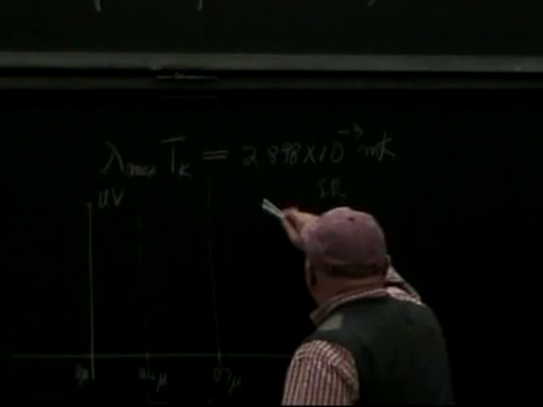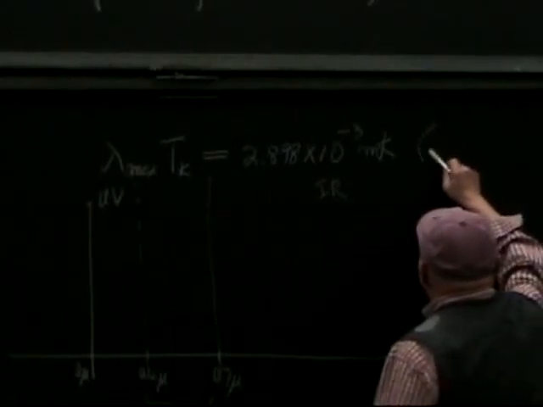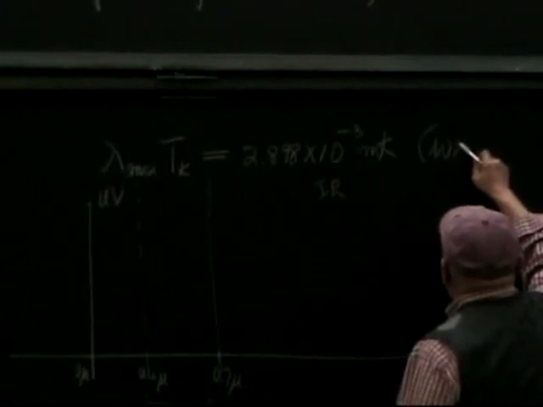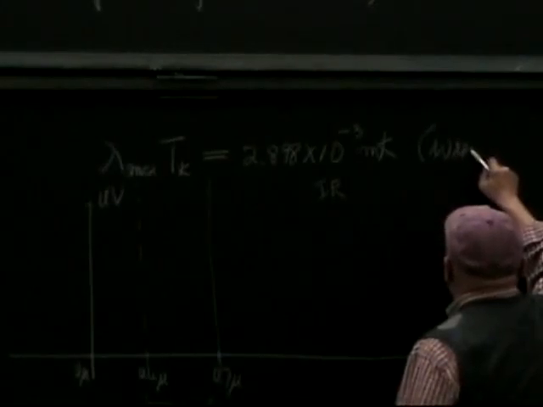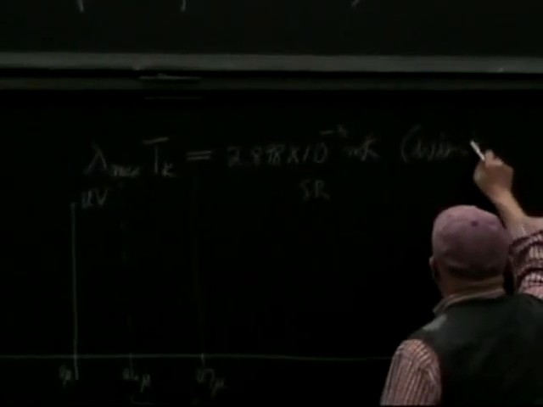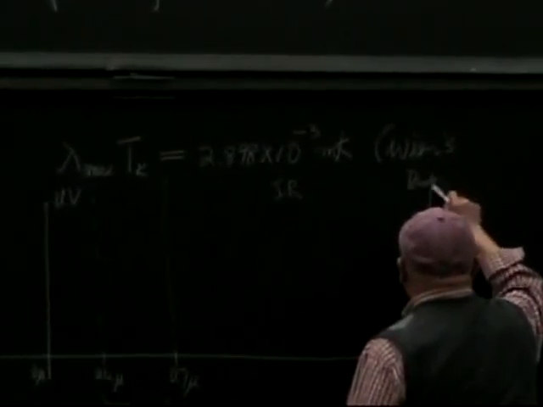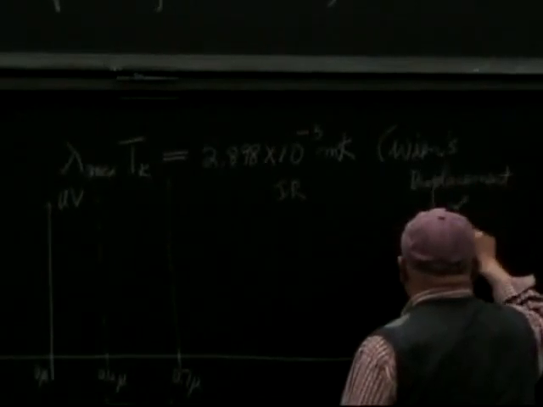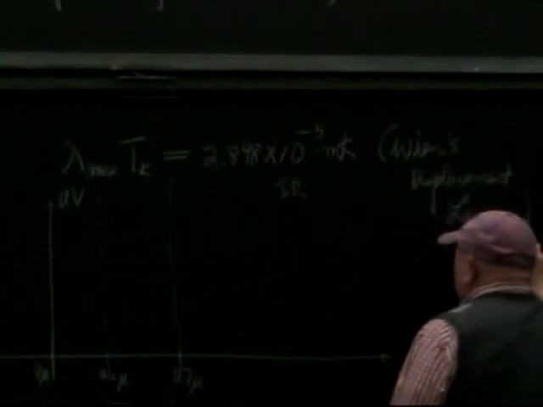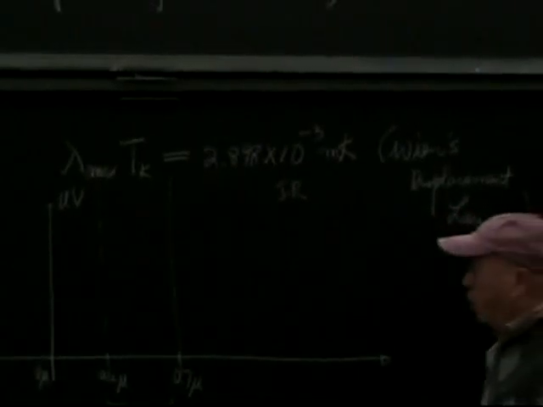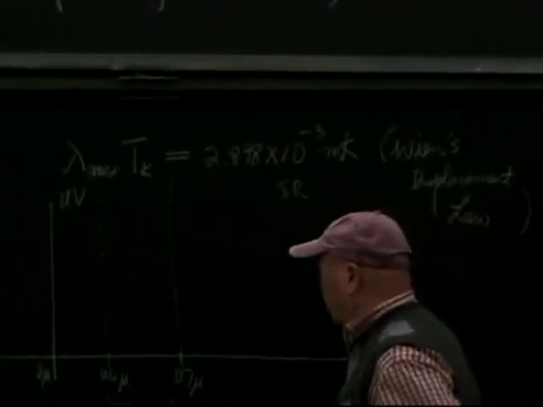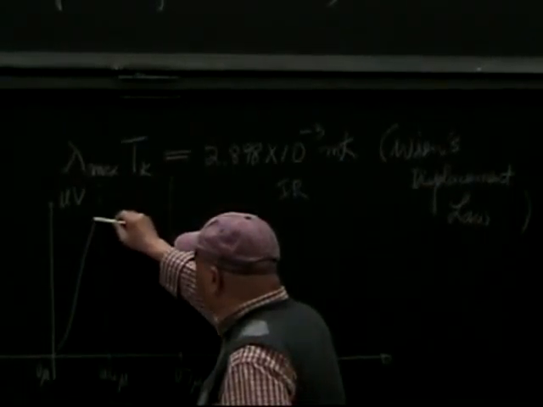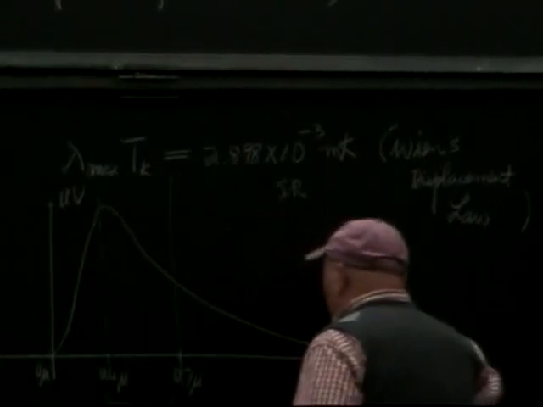This theory has a name, Wien, W-E-I-N. The book didn't give you this name. Wien's displacement law: basically, he did one quick derivative and got the result.